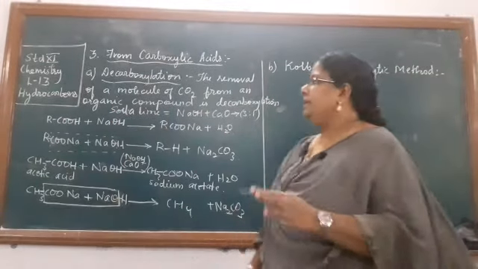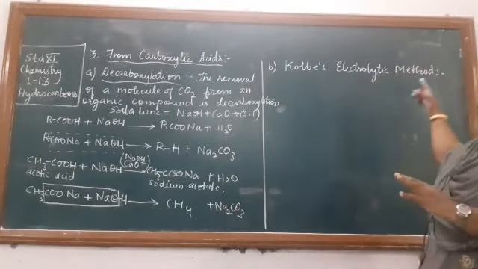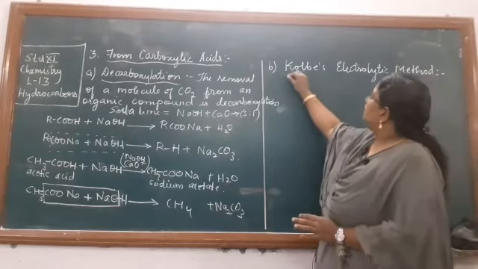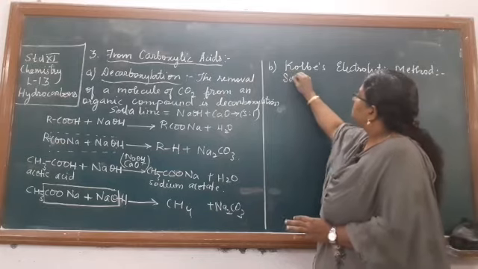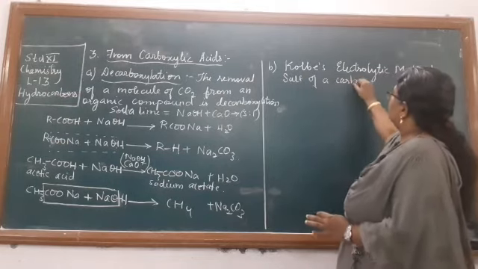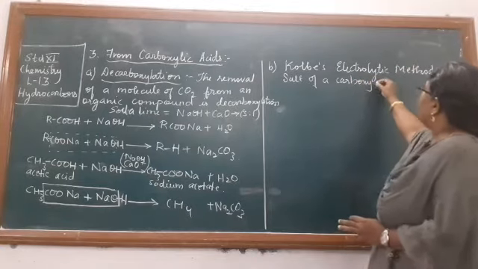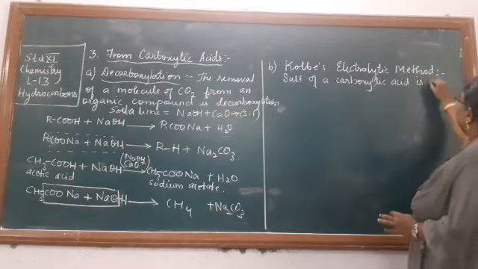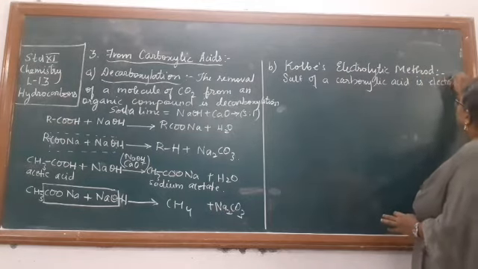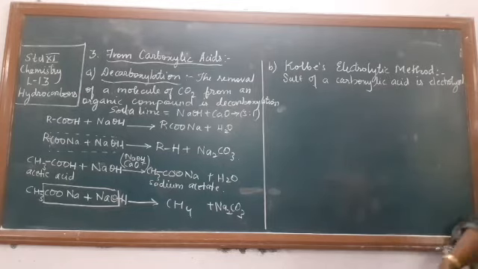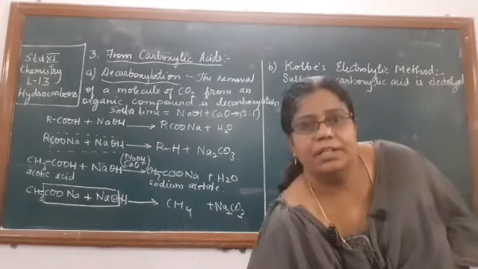Next is Kolbe's electrolytic method. In this case, what are you doing? You are taking the salt of a carboxylic acid, and the salt of a carboxylic acid is electrolyzed here.